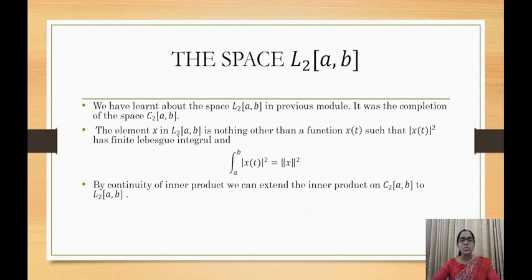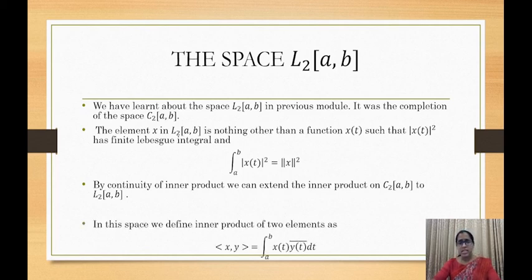Now, we are studying inner product spaces in this chapter. We had seen in the previous section that the inner product is continuous, and since L2 of [a,b] is the completion of C2 of [a,b], we are going to extend the inner product which we had defined for C2 of [a,b], which we did as an example, to the space L2 of [a,b]. That is because of the property that inner products are continuous. The inner product is defined as follows.